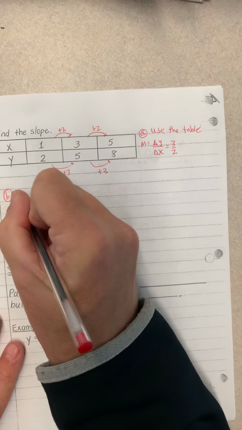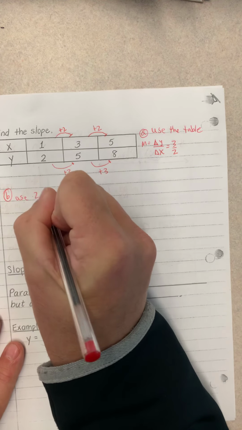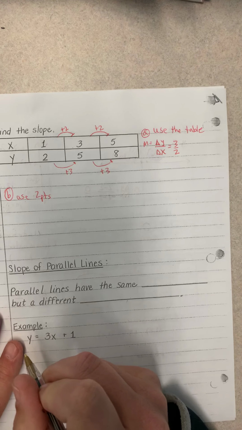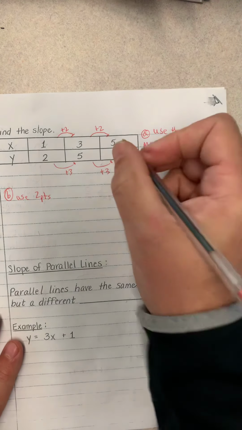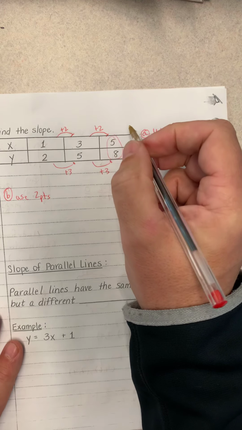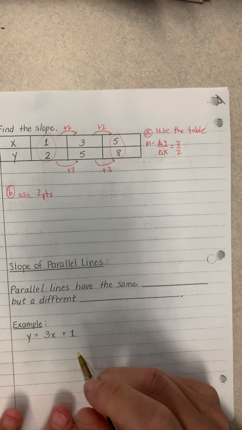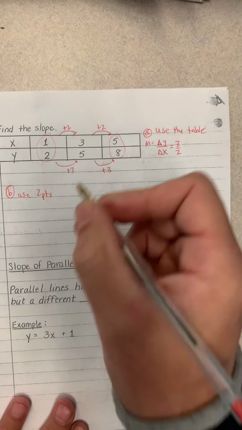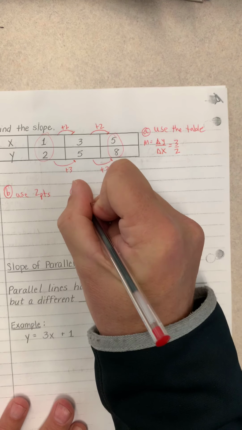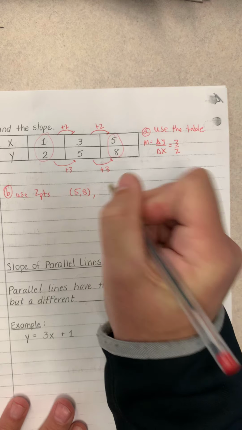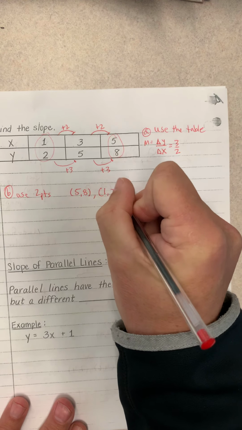I'm going to say use 2 points, just to reiterate what we did before. I'm going to choose 2 points. I've got an ordered pair here, and this time I'm going to go right here. I'm going to choose 2 points that aren't in order, and it shouldn't matter. I can choose any 2 points. I've got the ordered pair 5, 8 and the ordered pair 1, 2.